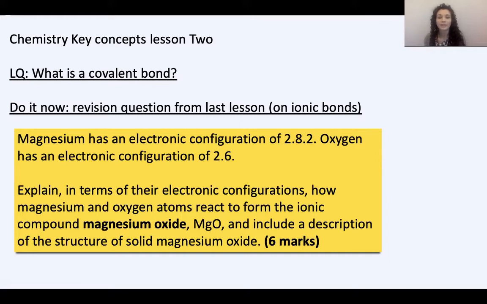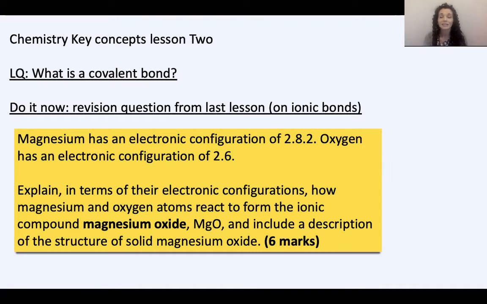So the question says, explain, in terms of their electronic configurations, how magnesium and oxygen atoms react together to form the ionic compound magnesium oxide. You can write the formula of that, MgO, and include a description of the structure of solid magnesium oxide.